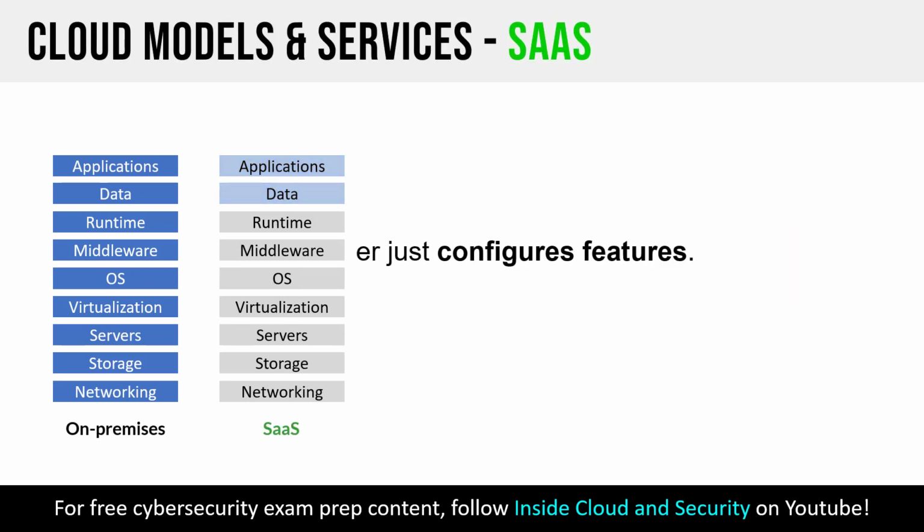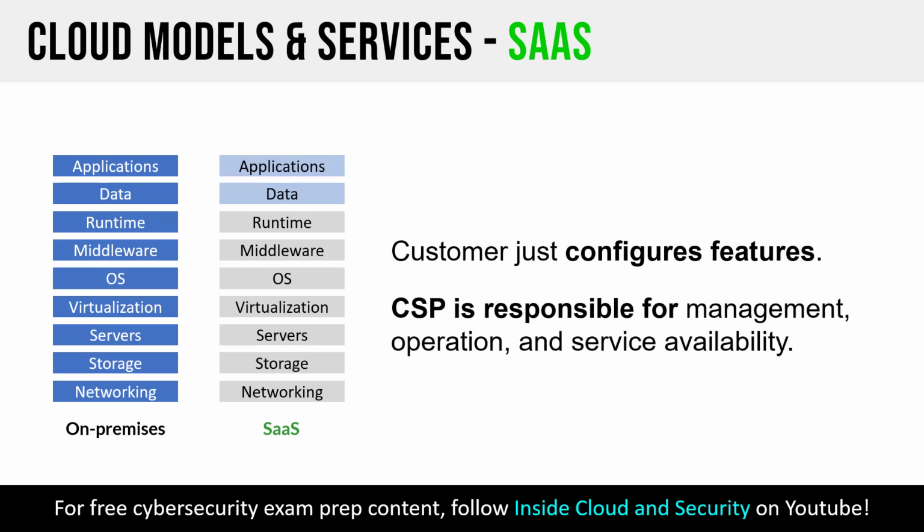Then software as a service: as a customer, we just configure the features. You have to configure your access control, so who has access to the features within the SaaS, and then you'll have some responsibility for data. For example, in the Office 365 context, you'll see customers purchase a third-party backup solution to back up their Office 365 data to the cloud for faster recovery.